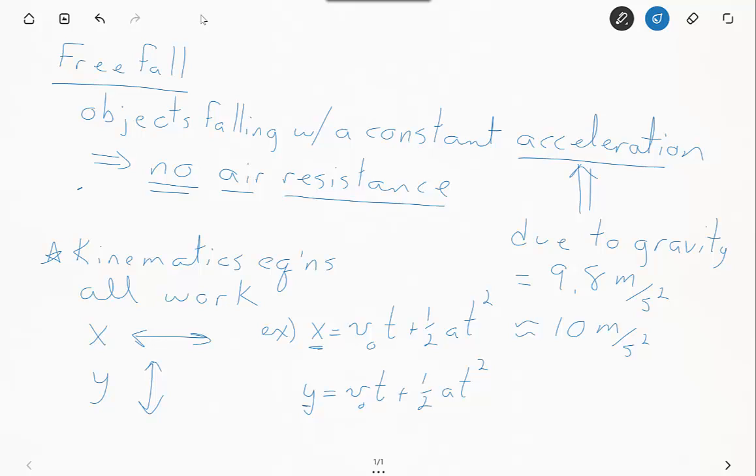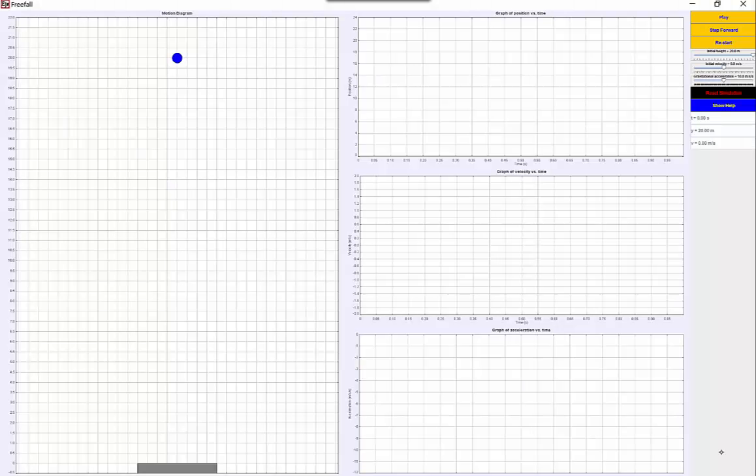What I want to do now is take a look at a slow-mo simulation of an object falling in free fall and look at some graphs that are associated with it so we can figure out what is actually happening. In this situation, we have this object on the left-hand side, this blue dot, and we are going to let it fall.